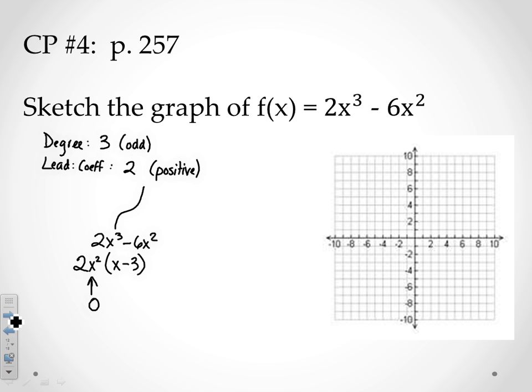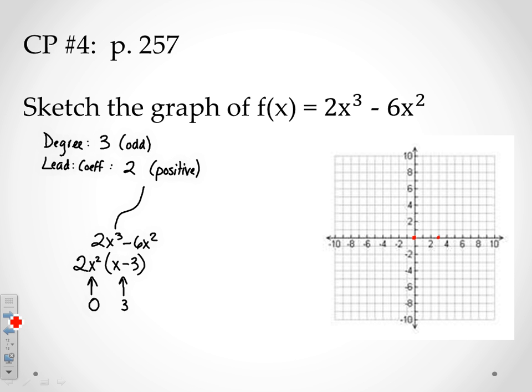My second factor's zero is a 3. Those zeros, or x-intercepts, are where my curve passes through or touches the x-axis. So I know the points (0, 0) and (3, 0) are going to be part of my graph.